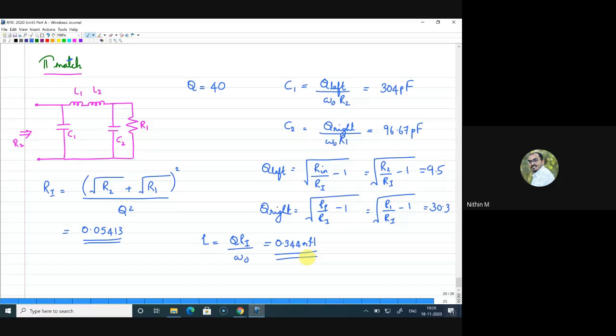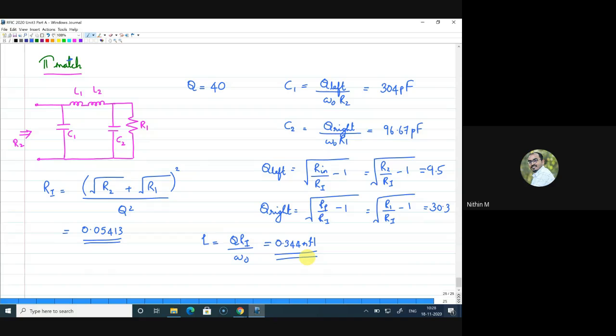One problem here is the capacitance. See the values we got for C1 and C2. The values are a little on the higher side, because 300 picofarad will definitely take a lot of area in the IC. So these values are inconvenient for an IC realization, but for now we are not looking at the realization.